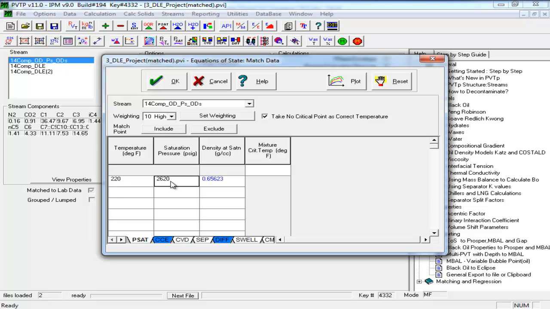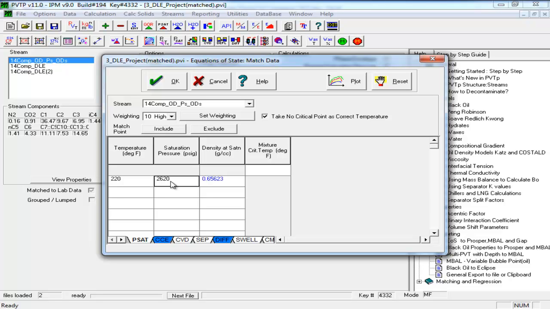Imagine that at each step, okay, we have RS for the differential liberation test, which is measured.